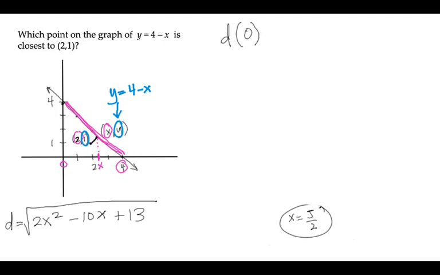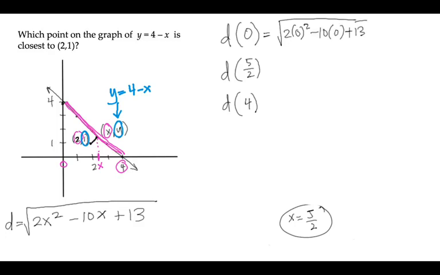We're on 0 to 4, so d of 0, d of 5/2, and d of 4. We're just going to plug in, and plug in 4.